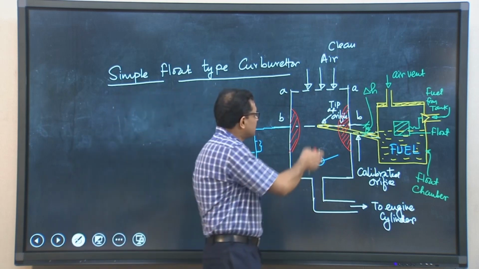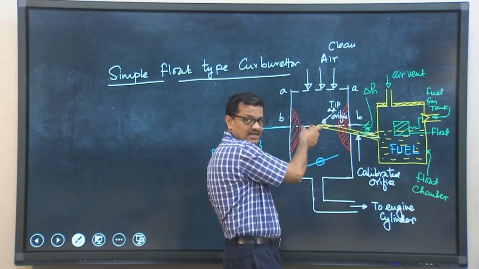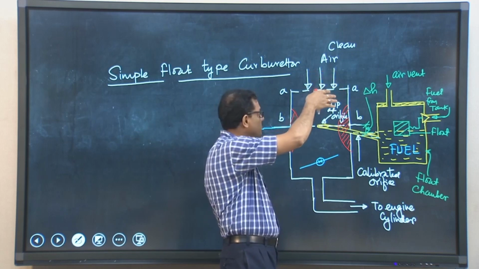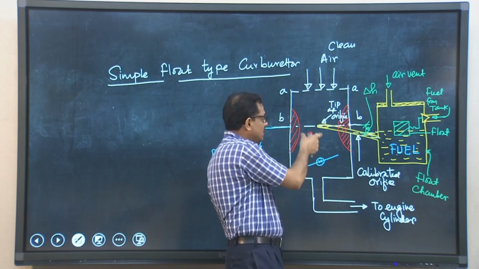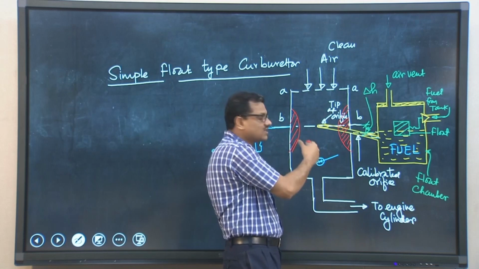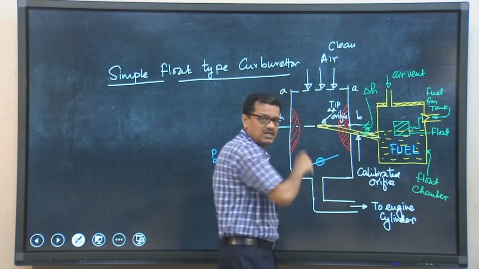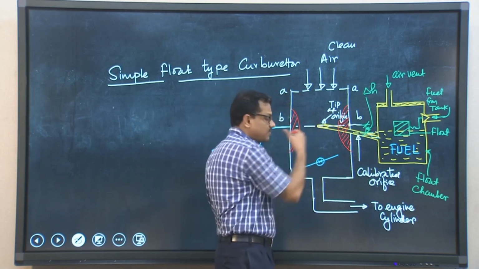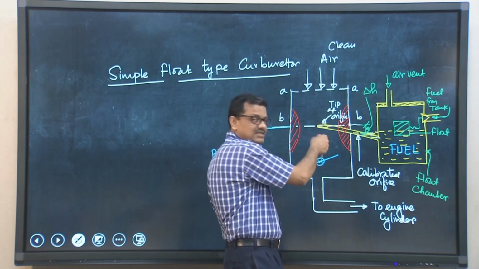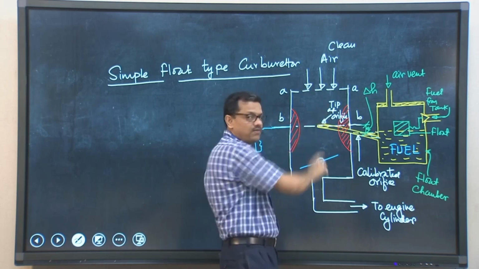Now, you see that the flow of air is there, clean air, because the air should be taken through an air cleaner so that dust particles will be removed. So, clean air is flowing, and the flow of air is simultaneously inducting liquid to be metered from the fuel chamber into this venturi, and the fuel that is being injected will be atomized and convected by the air flow.